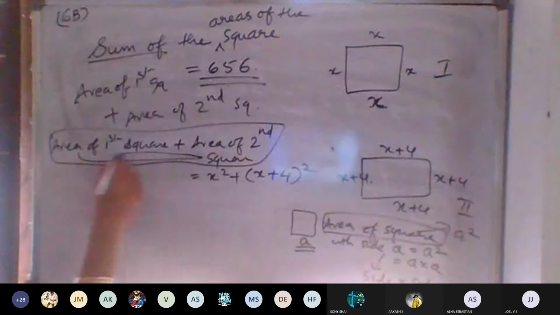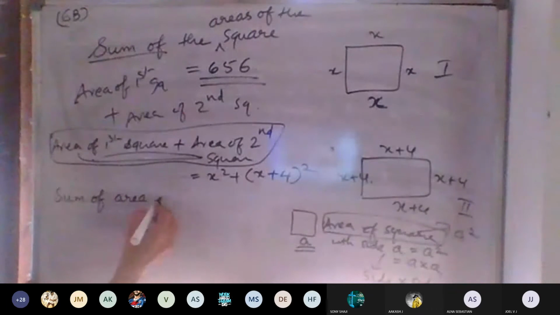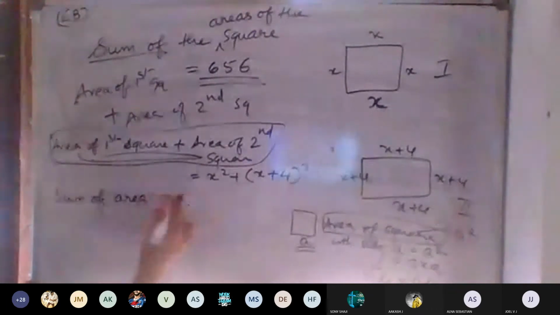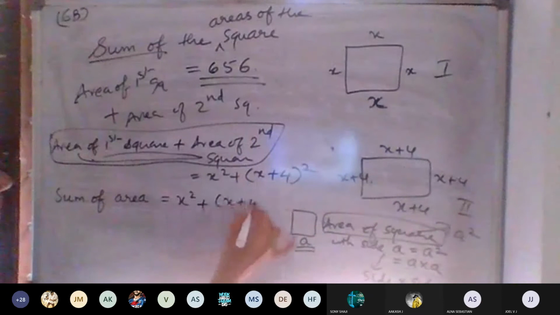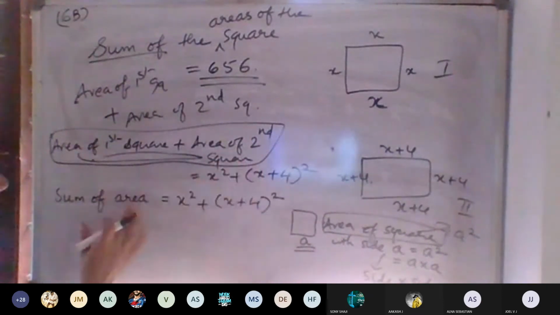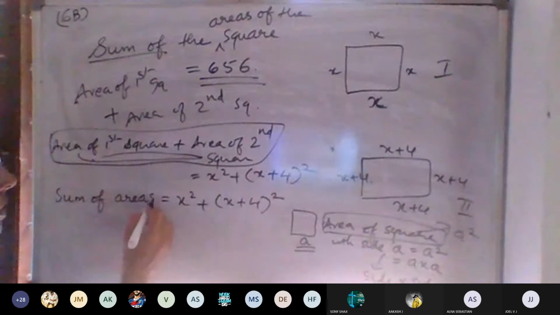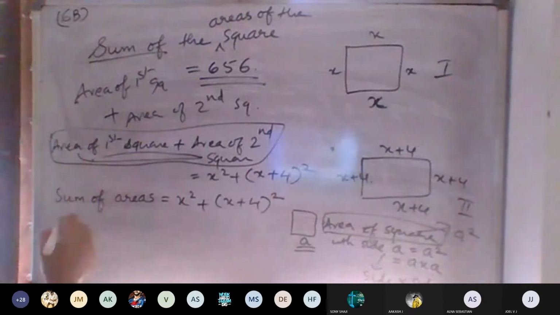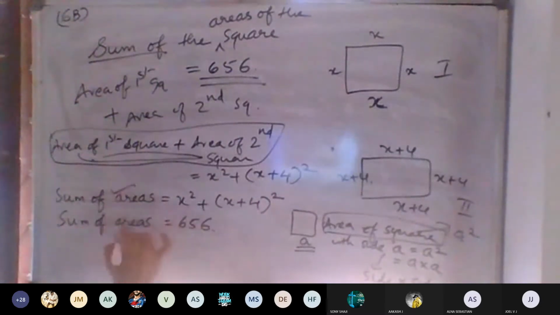So instead of this, we can write sum of areas, using the formula, x square plus x plus 4 whole square. Area of first square plus area of second square, we can say it as sum of areas. That sum of areas is given as 656. So these two we can equate.